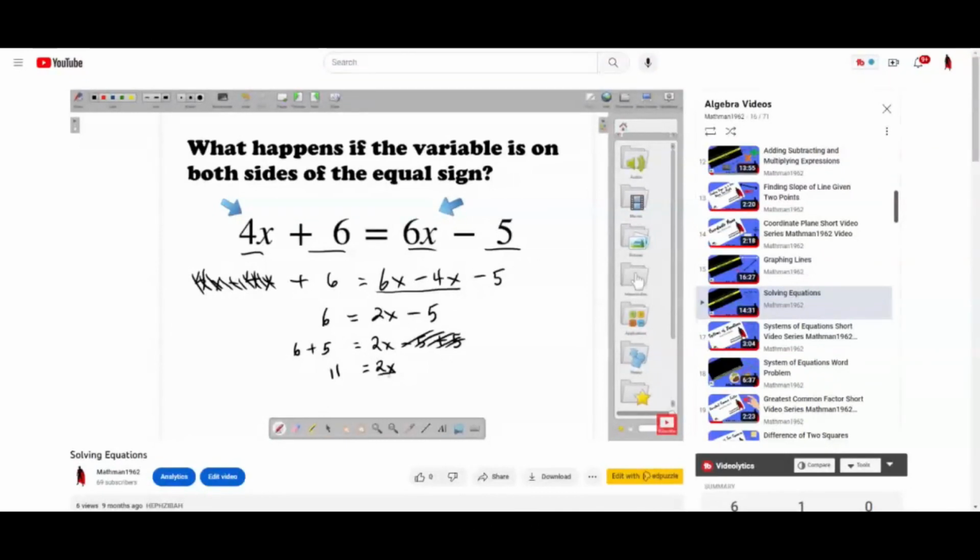Now I'm going to divide by 2 so that those divide out and it leaves me with x. If I divide by 2 on the right, I need to divide by 2 on the left, and I get 11 over 2, which I could change to a mixed number, or I can leave it as an improper fraction, depending on the context of the problem.